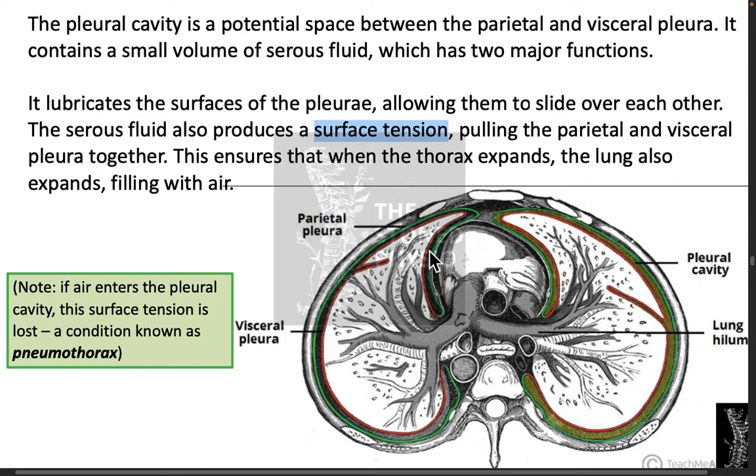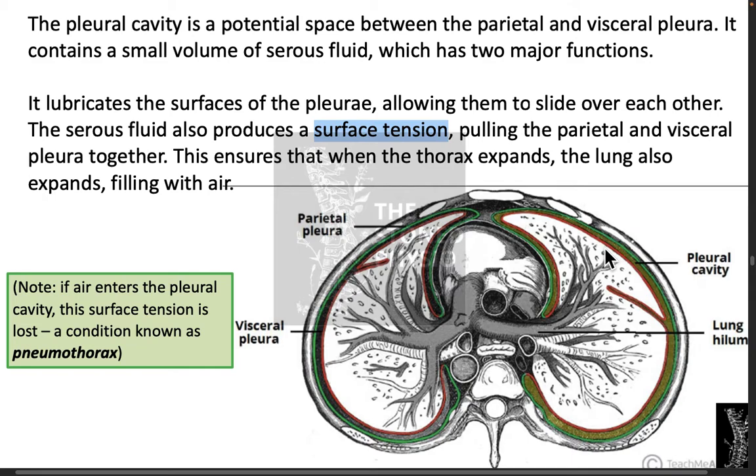So let's say there is any condition where this particular fluid gets affected. Let's say if this fluid is not present here, or if there is any air bubble or something that enters this fluid. In that case, of course, the surface tension of this fluid will decrease, and because of that, the efficient movement of the inner layer will get affected.